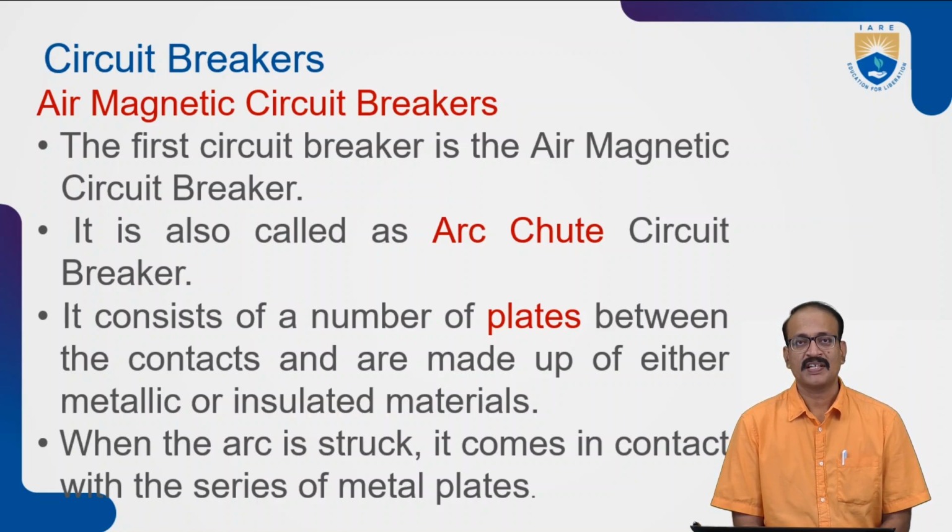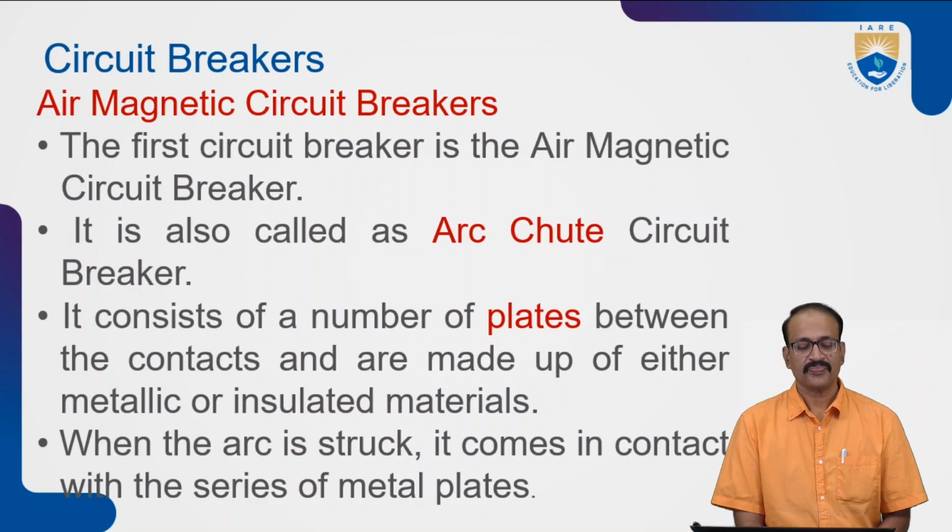So physically they are separated, but practically not separated due to this arc. So the basic phenomenon of the circuit breaker itself is getting spoiled. That's why last class we discussed the arc phenomena, how we are going to extinguish it, and why we have to de-ionize as early as possible.